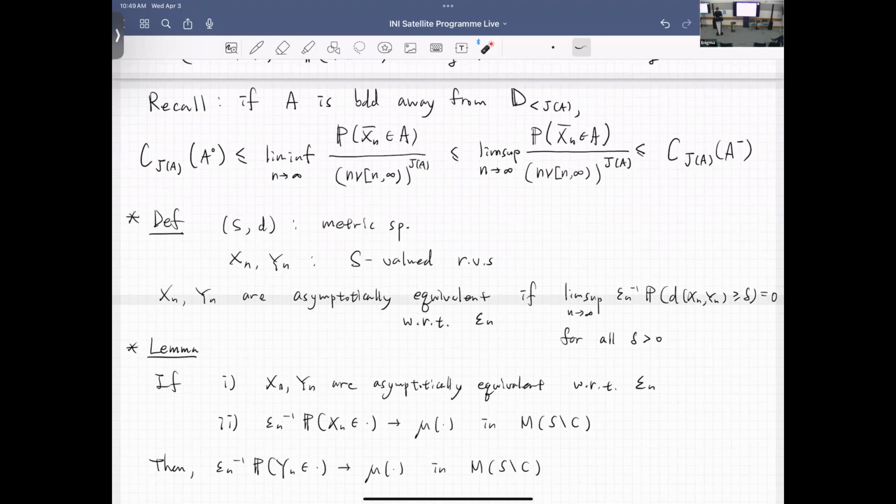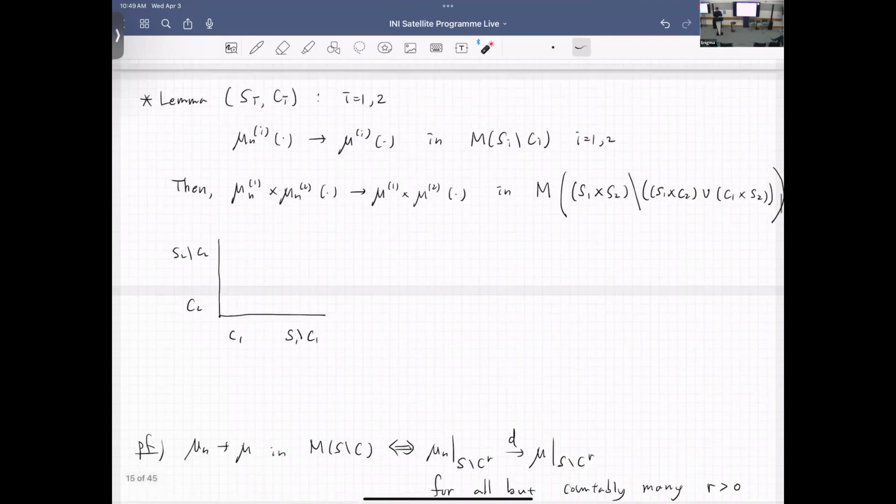But if you have different regular variation in the positive part and negative part, then the story becomes slightly more involved, and these machineries that I'm going to talk about become very useful.